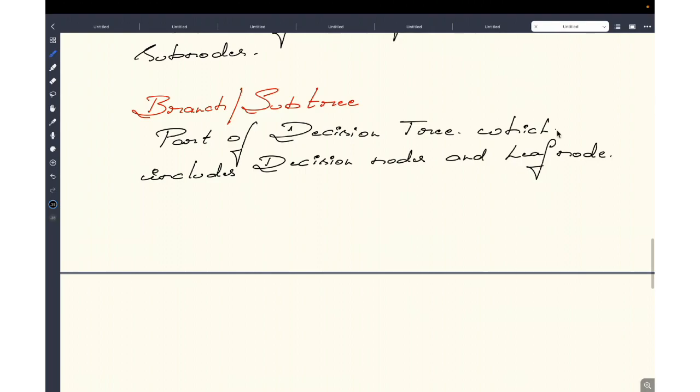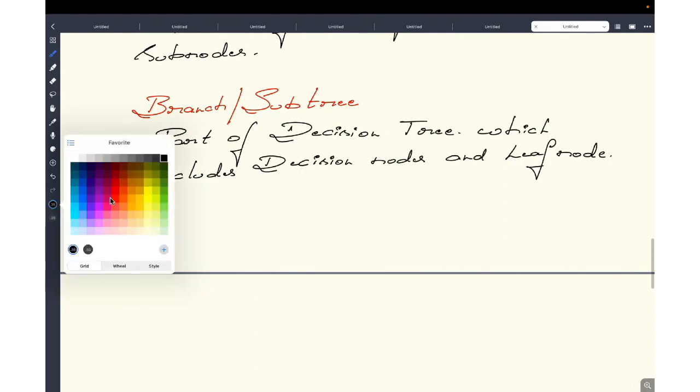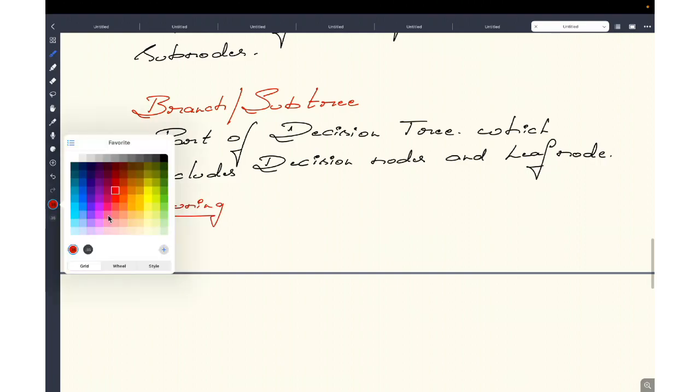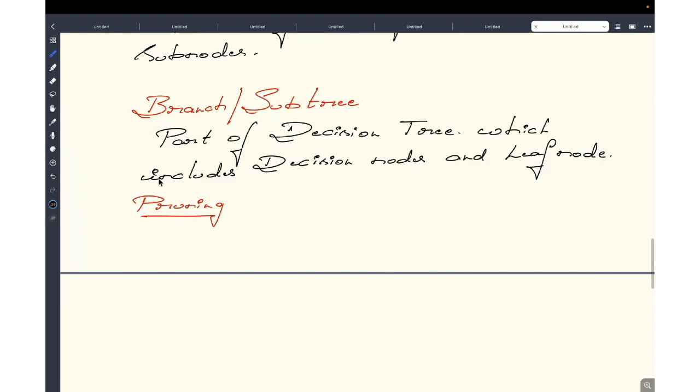Okay, one more last concept. We have a concept called pruning. Any idea what is pruning?